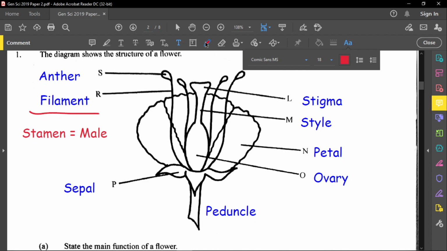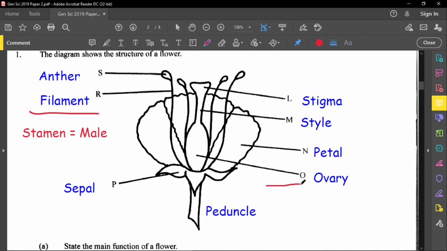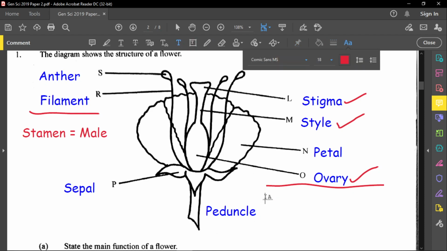Here we also have the female part of the flower, which is made up of 3 parts: the stigma, the style, and the ovary. There are 2 names given to the female part of the flower. It is called the carpel or the pistil. And again, this is the female part.